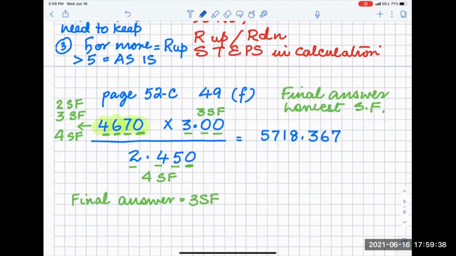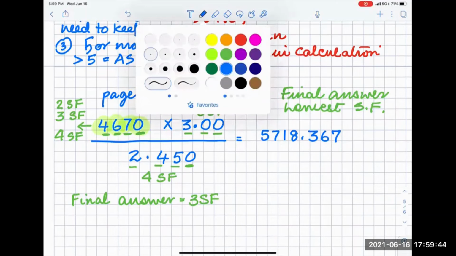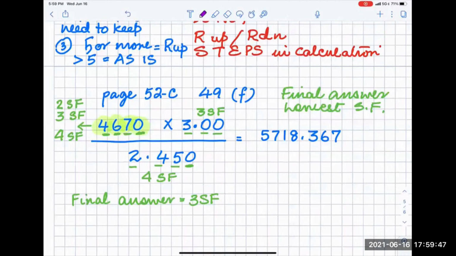But according to the rules, your answer should have only 3 significant figures, so we will have to convert this into scientific notation. Are you sure you got this number after dividing also? Okay.